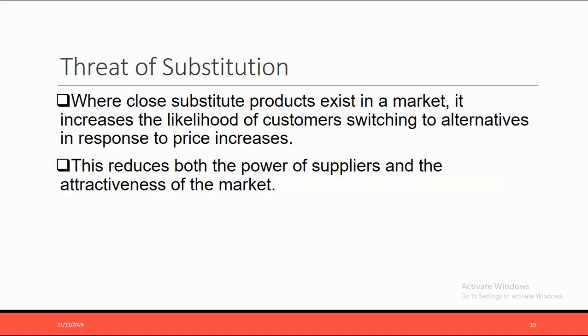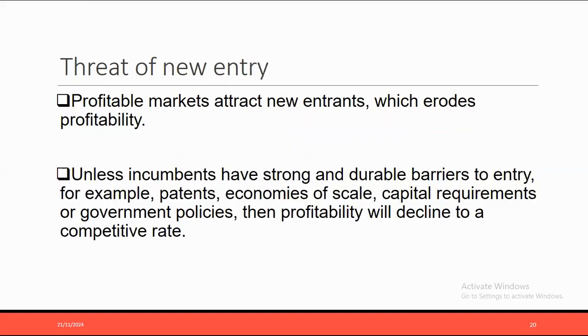Okay, so in performing an external environmental scan, it is important that you assess the threat of substitution within that industry. And then you also look at the threat of new entry. If a market is profitable, it will attract new entrants.